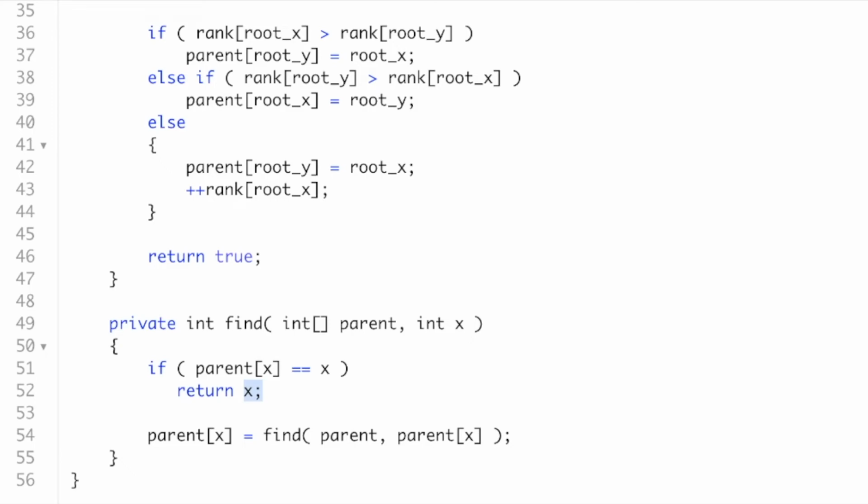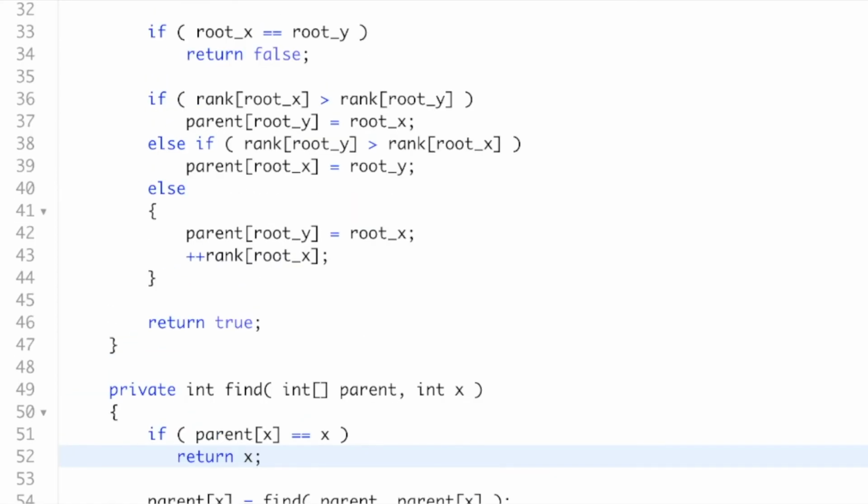Once we go back through the recursion, we're going to assign the root as the parent of all the nodes that were in this branch, as we were going from the leaf node all the way up to the root. So from the leaf node and all the nodes in between, all of their parents will be set to this root. That's essentially the compression in this union find.